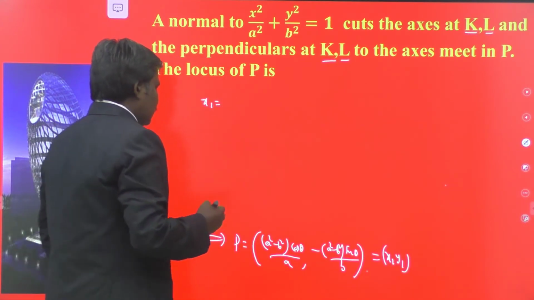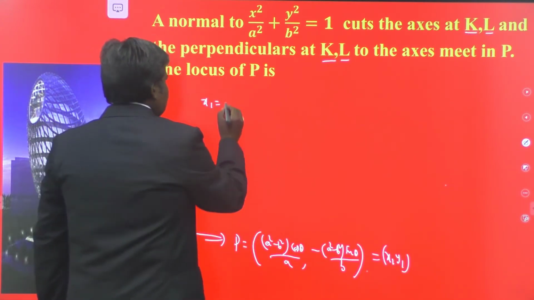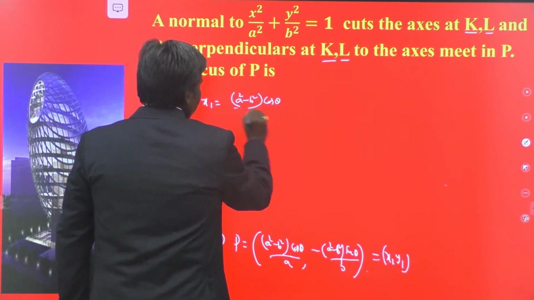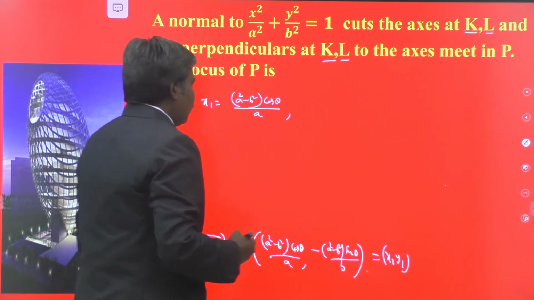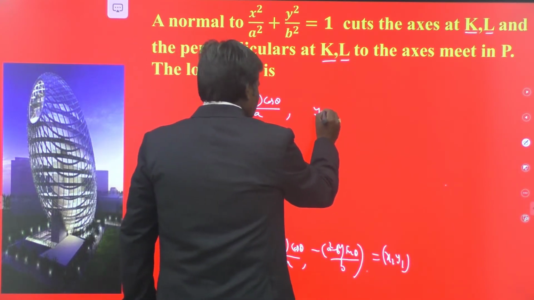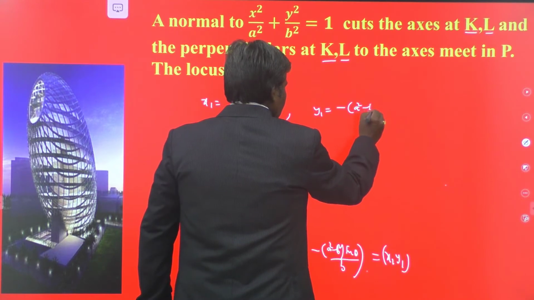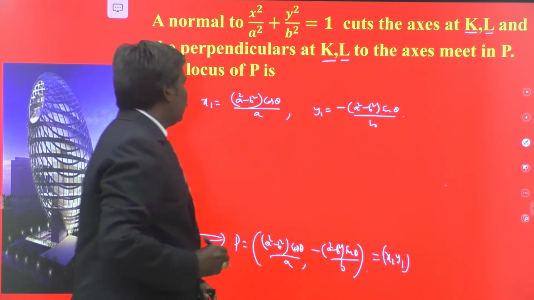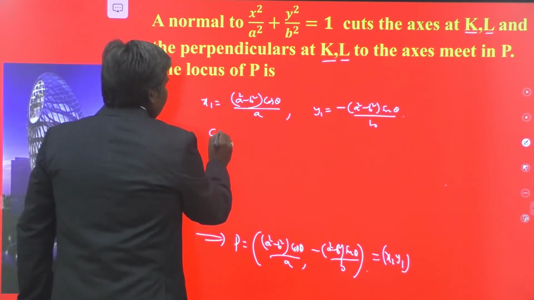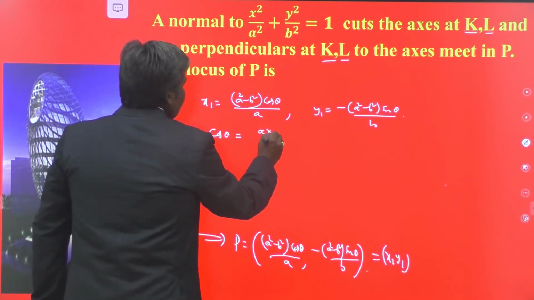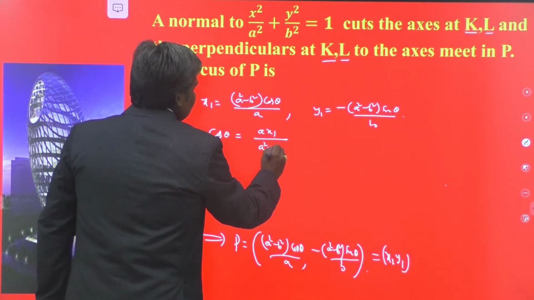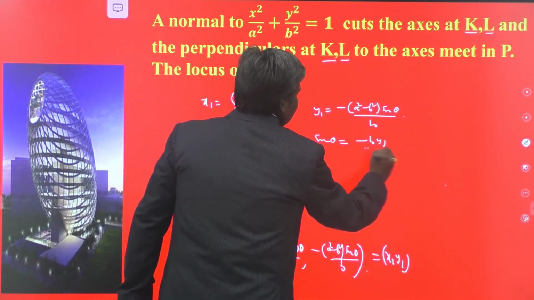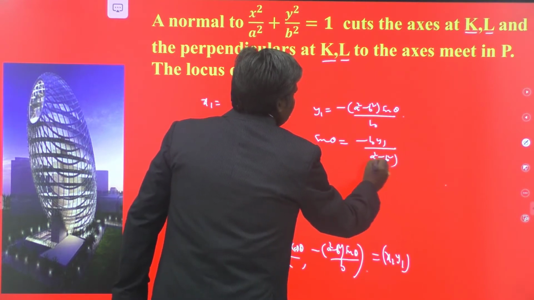Your x1 is equal to (a square minus b square) cos theta by a. What is your y1? y1 is equal to minus of (a square minus b square) into sin theta by b. Okay. From that, what is cos theta? Cos theta is equal to a x1 by (a square minus b square). Sin theta is equal to minus b y1 by (a square minus b square).